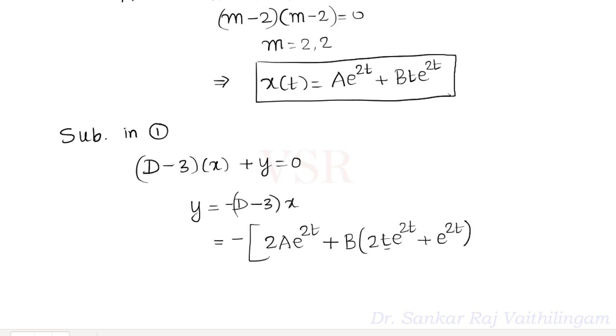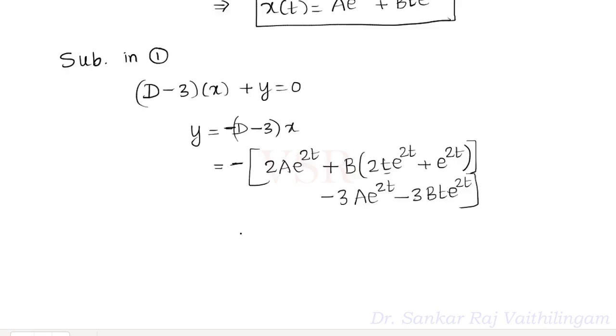So that is minus Dx, and then minus 3x, where multiplying by 3 changed the sign to plus. Then minus 3a e to the power 2t minus 3b t e to the power 2t. So minus 3x is this derivative part.